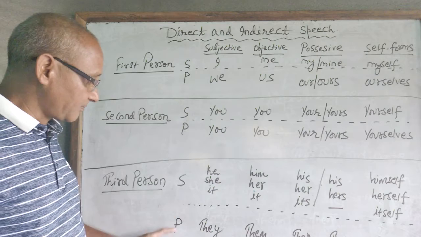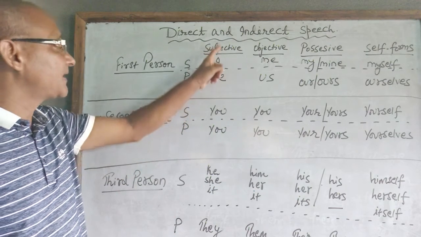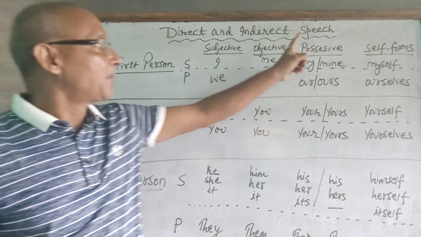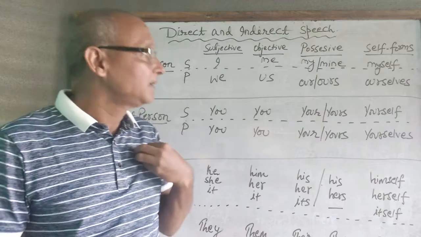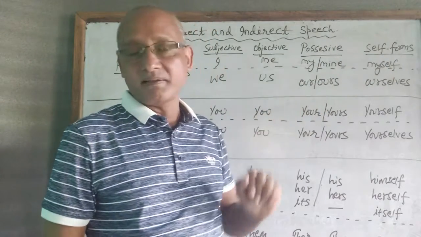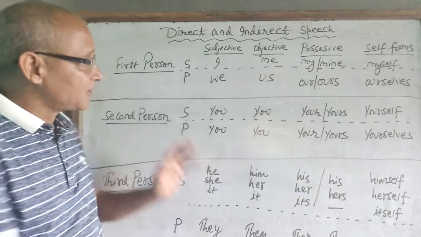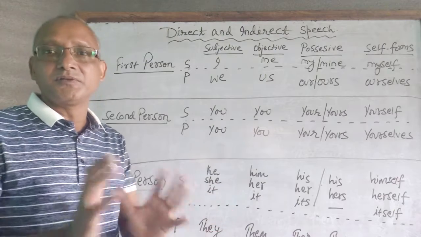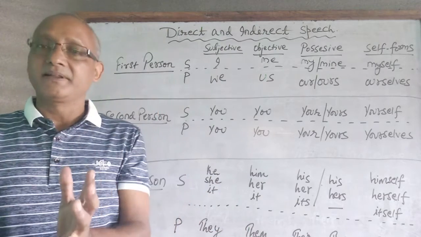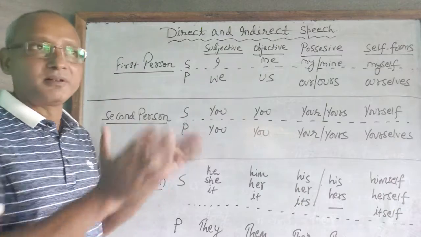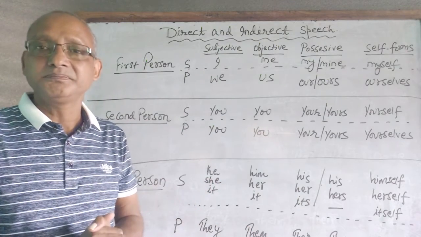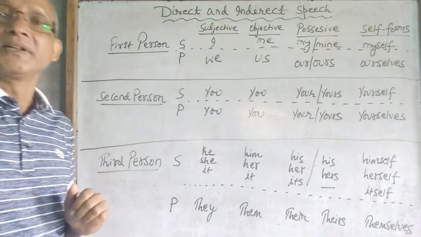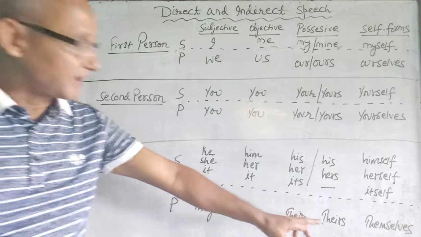In the subjective case, if it is I, then in the objective it becomes me, in the possessive it becomes my or mine, and in the self form, myself. Go through this so that it will be easier and more comfortable for you to change from direct to indirect. This is what we also call narration. Please see through this. I hope you are clear now. This one is themselves.